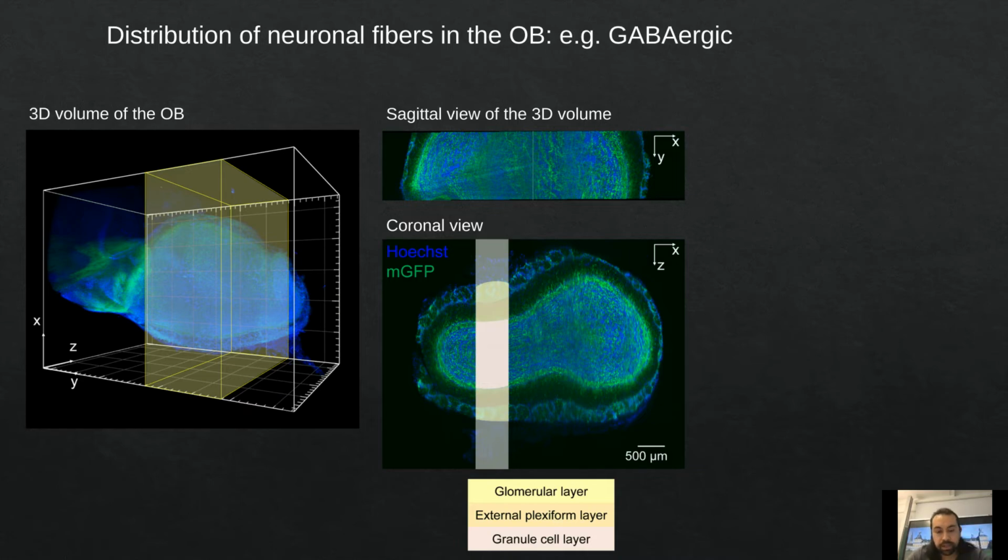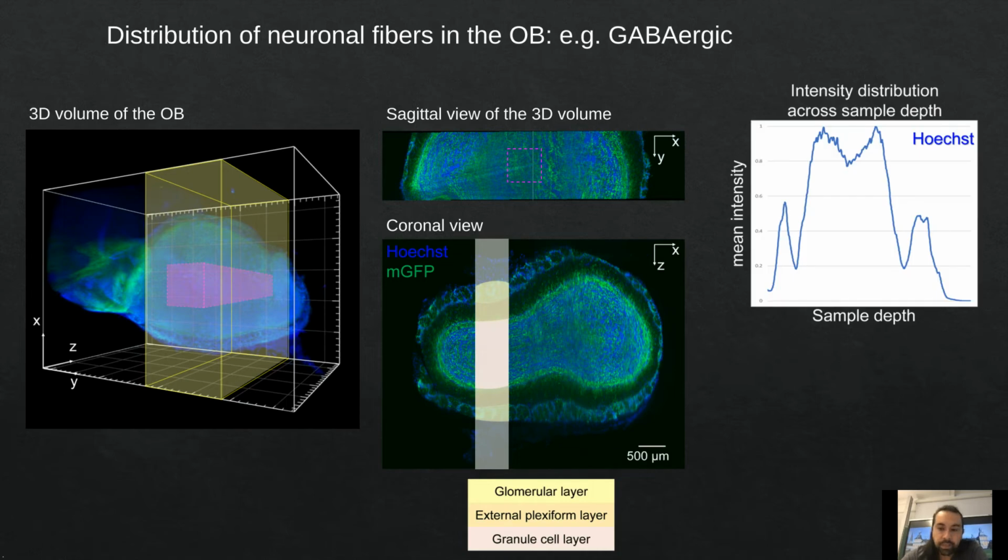So now we take a projection across that volume and measure the mean intensity value.